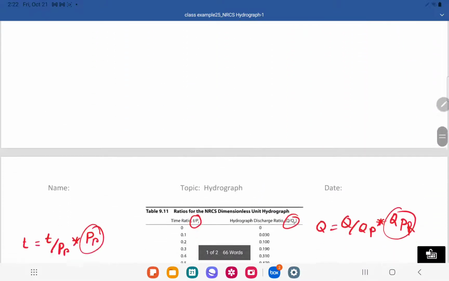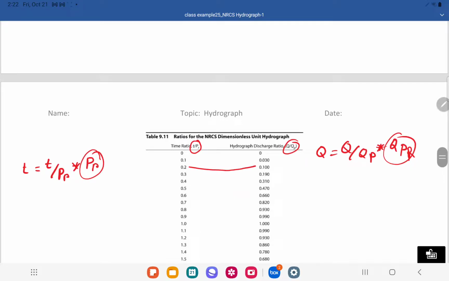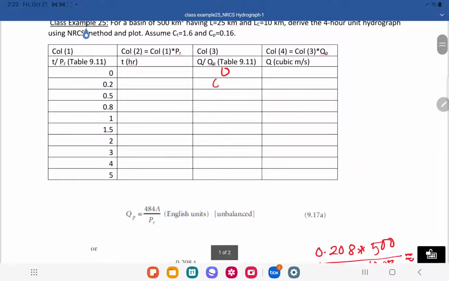For 0.2, Q over QP is 0.1. So we multiply 0 with TP, which is 10.38, which is 0. Here 0 multiplied with 9.9, again it's 0. So that's what we will do.